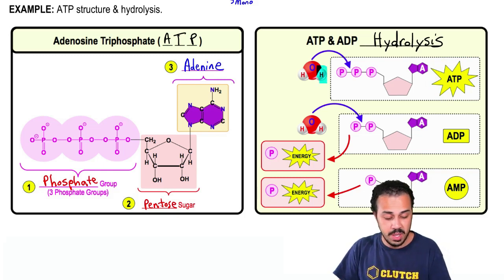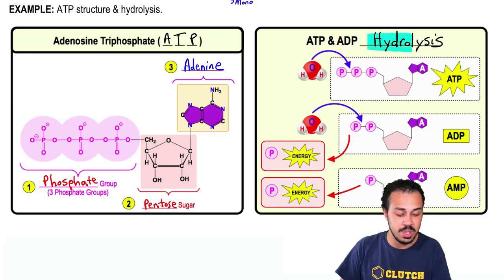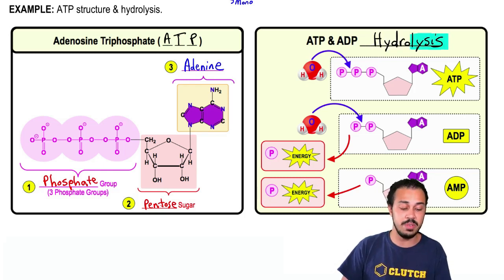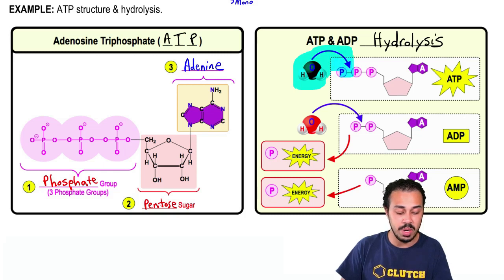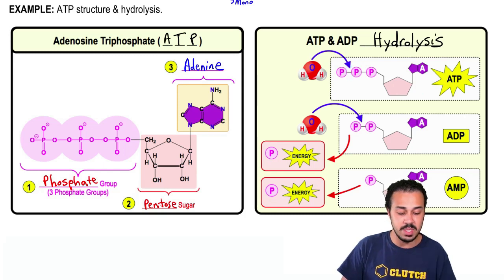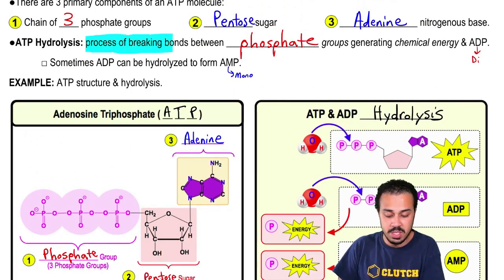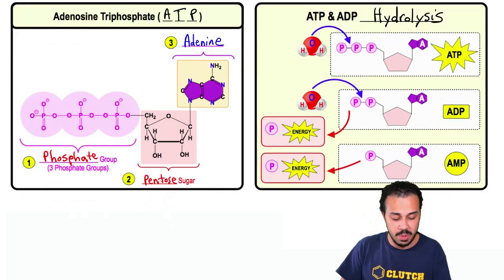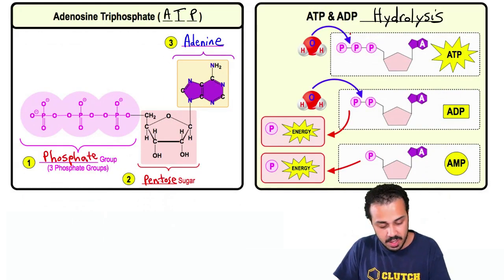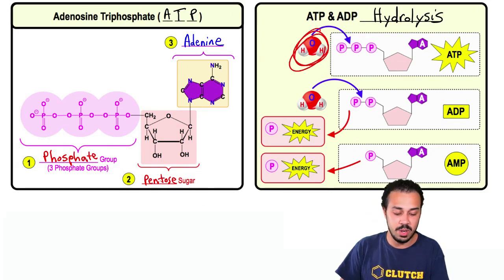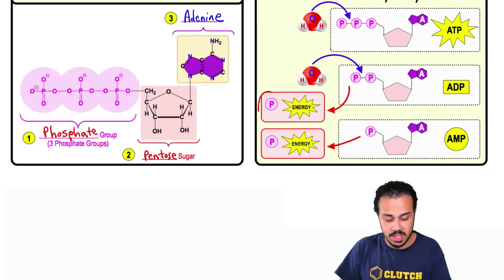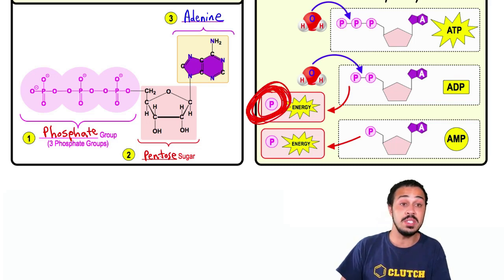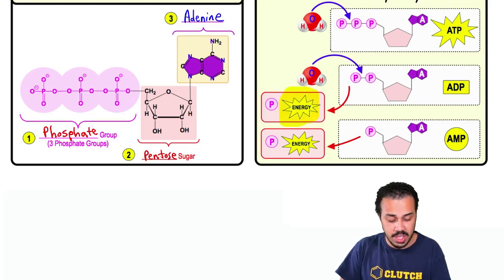Now, if we take ATP and we hydrolyze it, hydro is the prefix for water, lysis is the root for breaking down. So using water to break down ATP, you can see that that water can be used to break the bonds between phosphate groups. And so when we break off this bond right here between the phosphate group using water, ultimately what we end up getting is one of the phosphate groups is released and also energy is released.